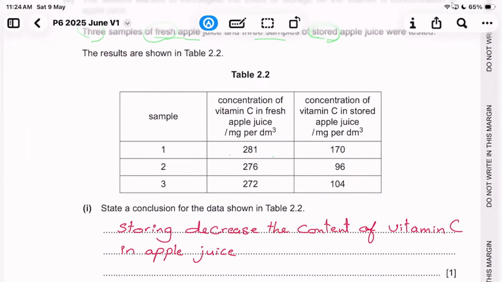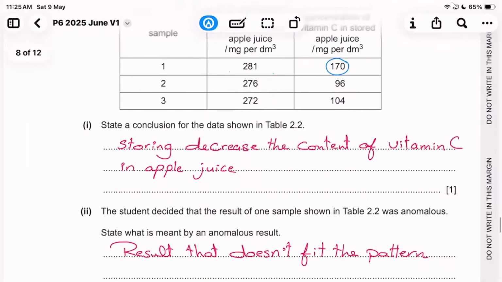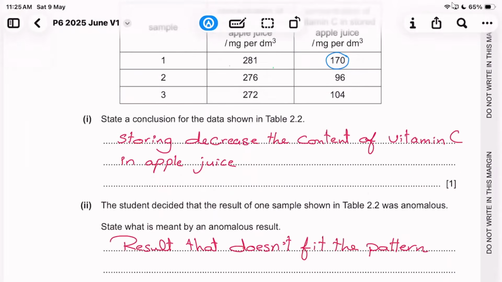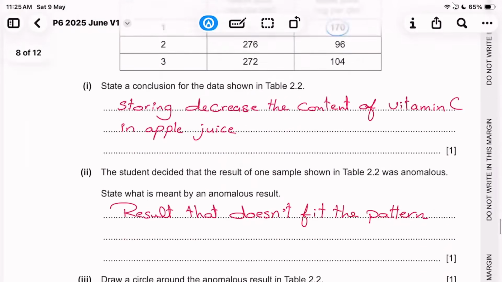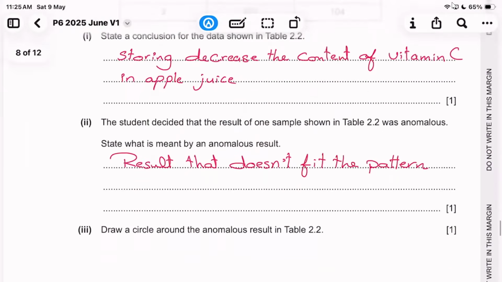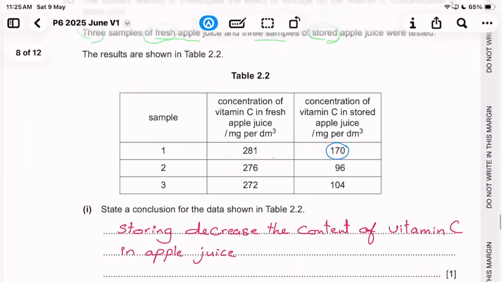If you concentrate well, we can find 170, which is anomalous, because this is far away from 96 and 104. So this is an anomalous result because it does not fit the pattern. So what is meant by anomalous result? A result that does not fit the pattern. And then we have to draw a circle around the anomalous result, which is 170.